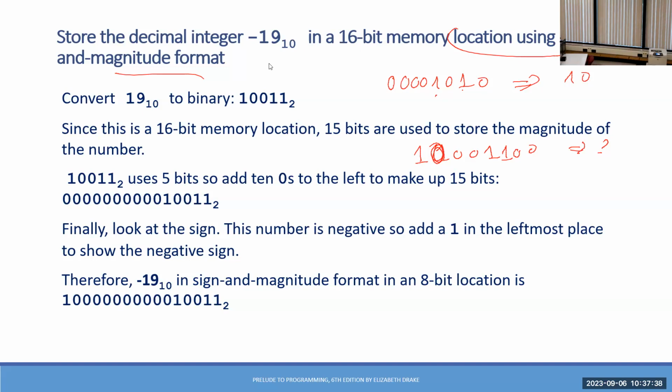Now, in order to convert this one, the first thing you have to identify is the sign here. Positive or negative? Yes. The leftmost bit here. You see the leftmost bit here, number 1. Negative. Make sense?